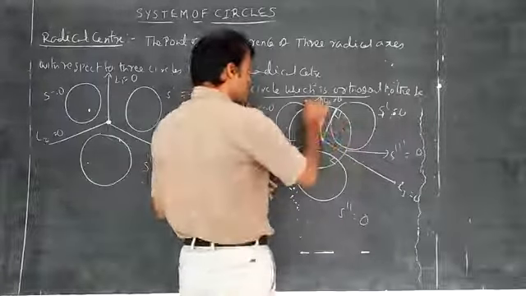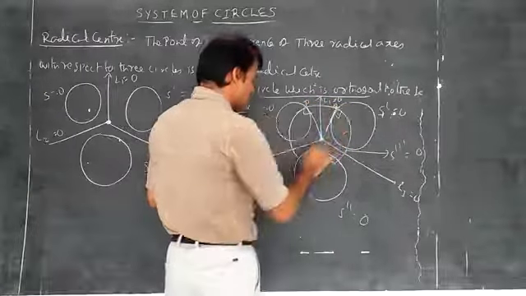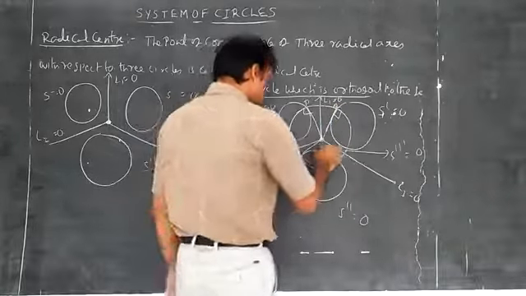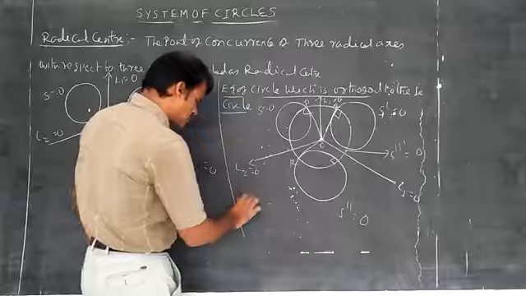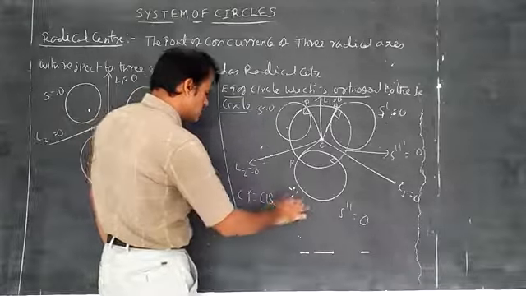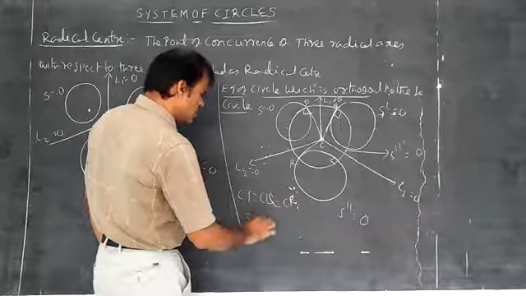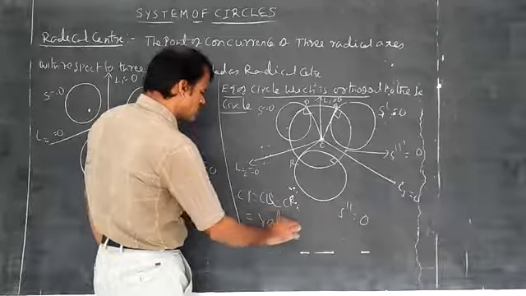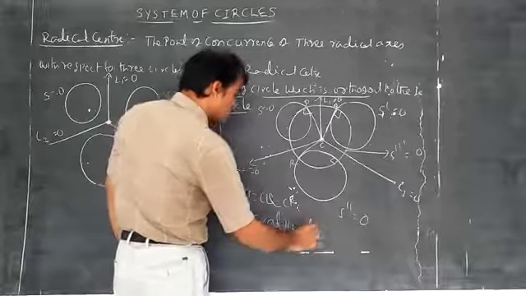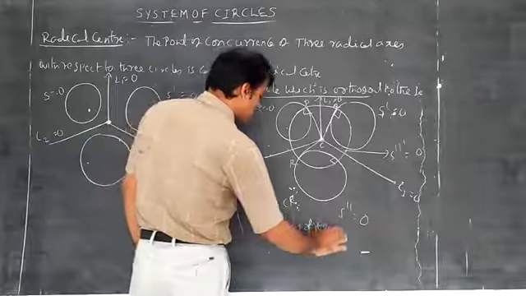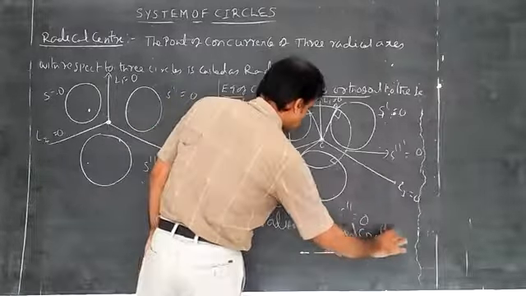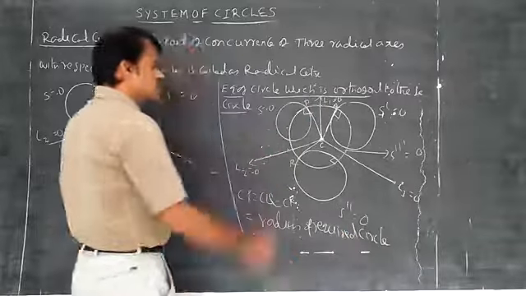For this one, put here P, put here Q, put here R. This is C. CP is equal to CQ is equal to CR is equal to the radius of the required circle.